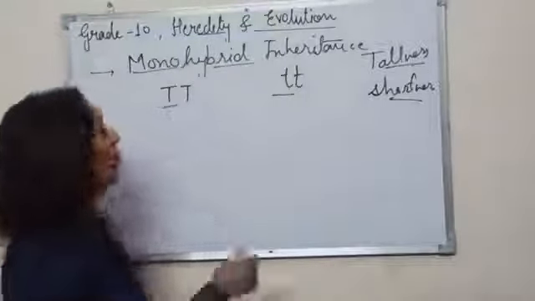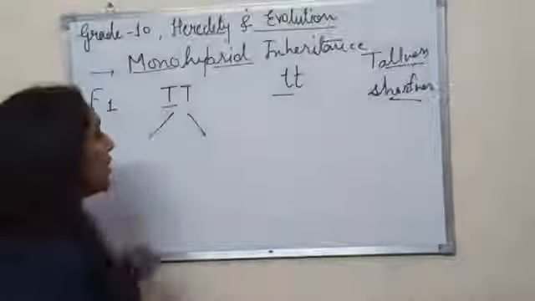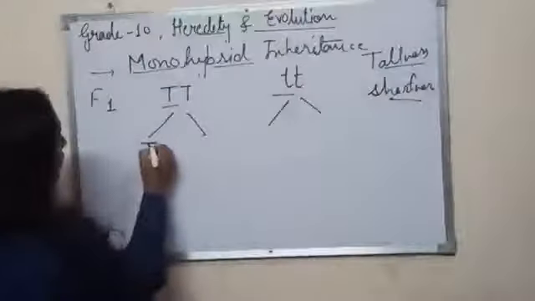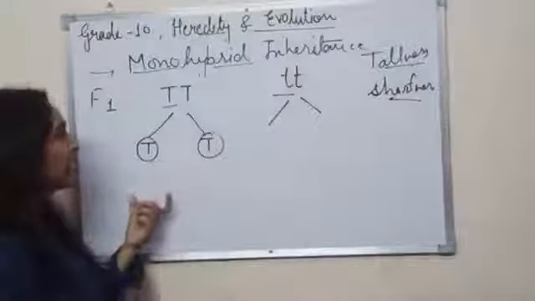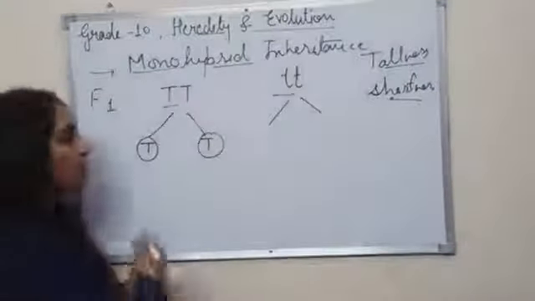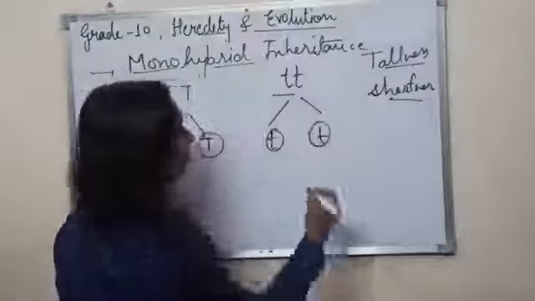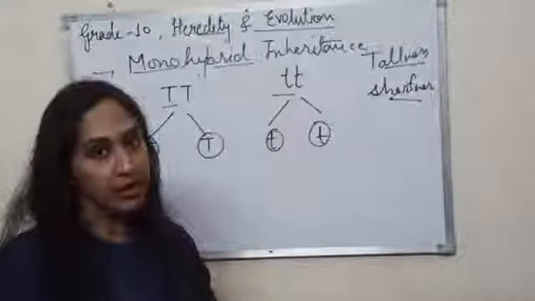Now, as we know, we'll receive gametes. This one is the F1 generation. In the F1 generation, when the cross was done, it was observed that the tall plant will pass on only capital genes, the tallness gene. The short one will pass on the genes which carry the character of shortness only.